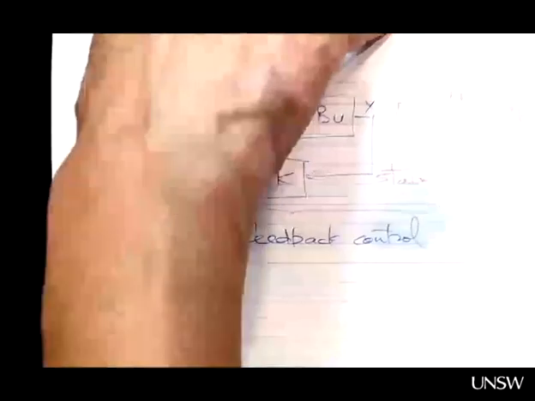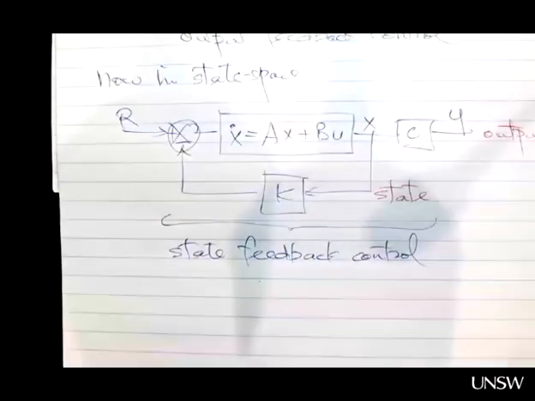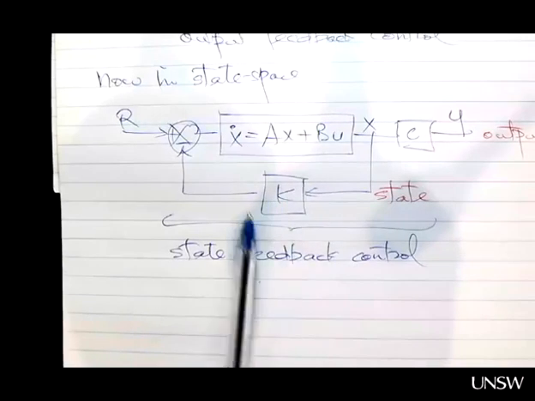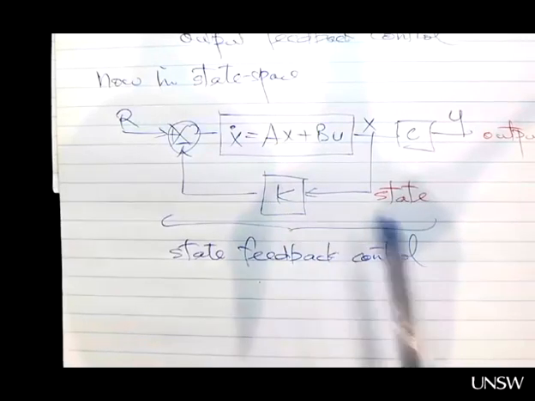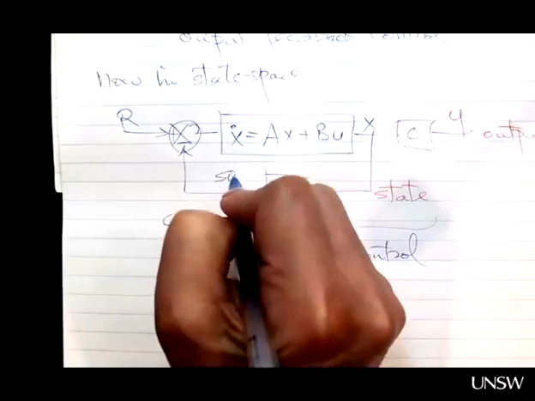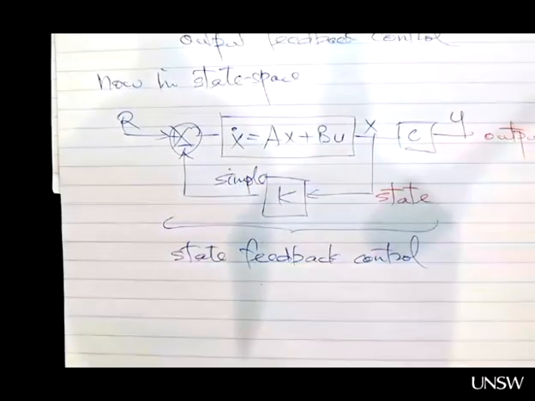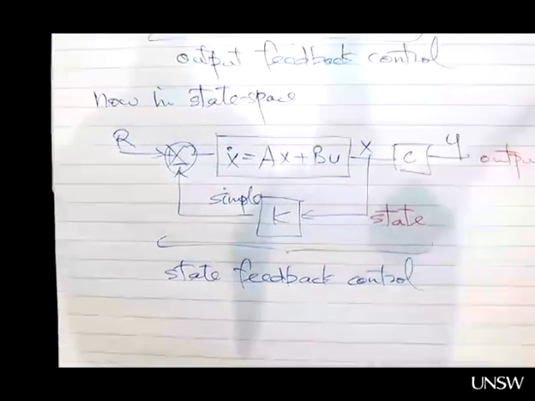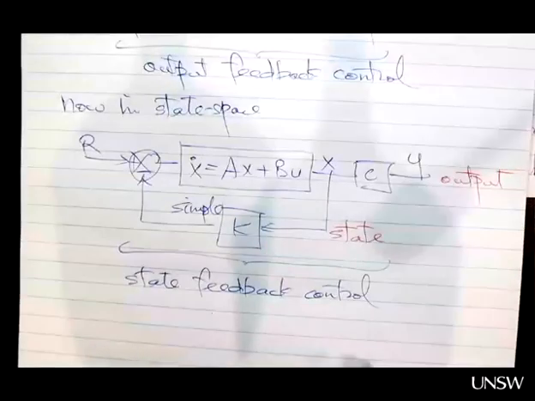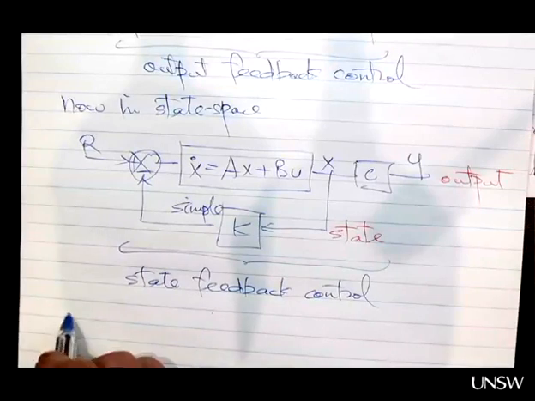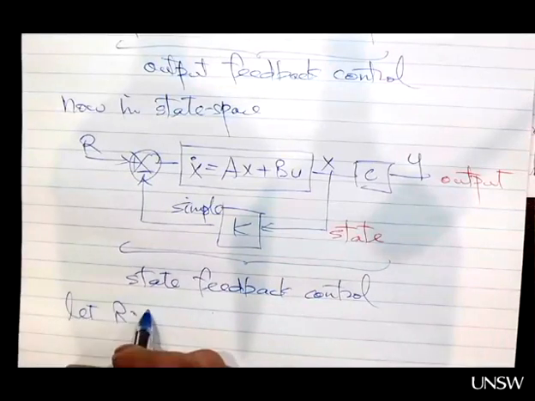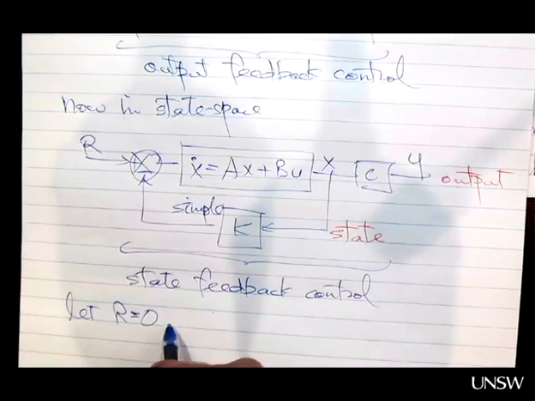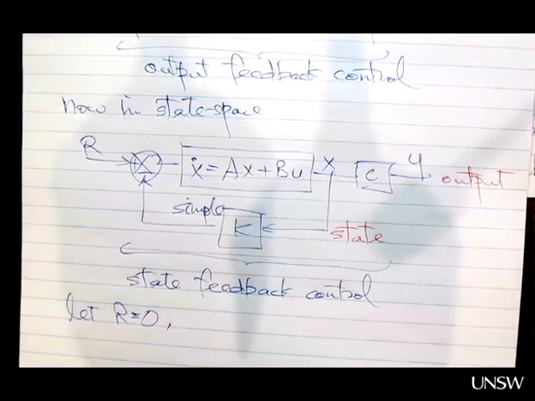Now in the state space design, we have the state going through a feedback, and this is the simplest form. Okay, it is simple, just a gain factor. And then we also consider something simple, right? We let R equals 0. So what is meant by putting R equals 0?